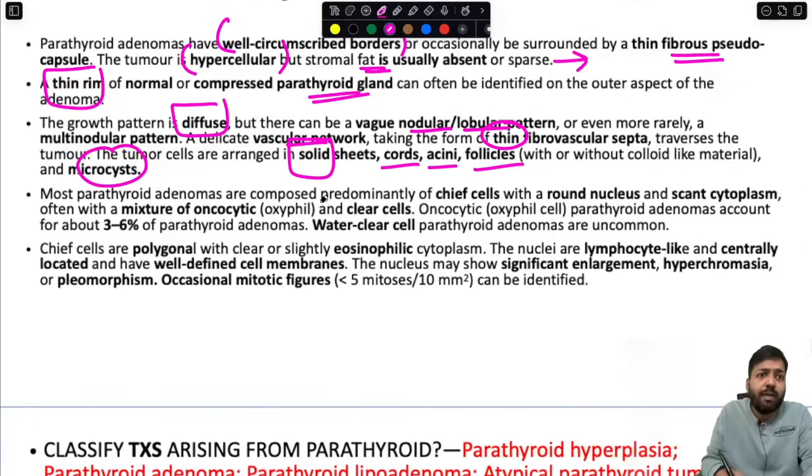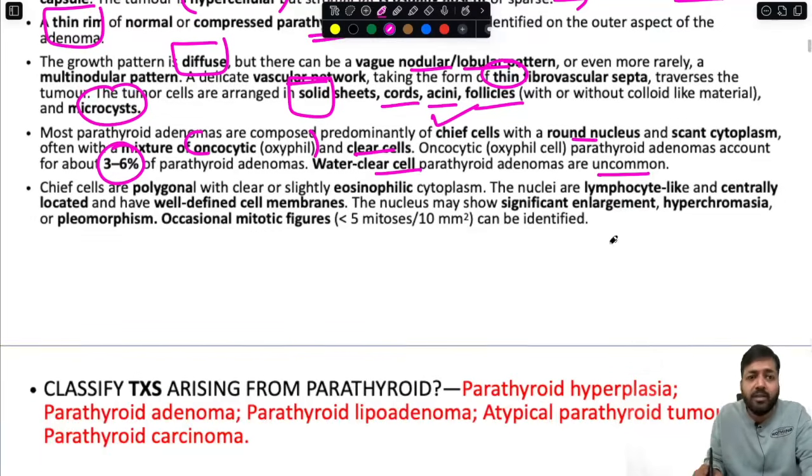Most parathyroid adenomas are composed predominantly of chief cells, which are polygonal cells with round nucleus, scant to moderate amount of pale eosinophilic cytoplasm, often mixed with oncocytic or oxyphil cells, as well as clear cells. Oncocytic parathyroid adenomas account for about 3 to 6% of parathyroid adenomas.